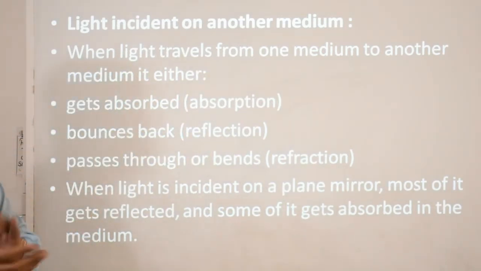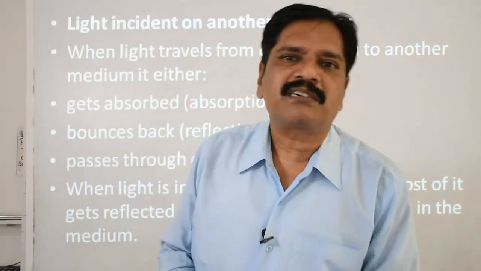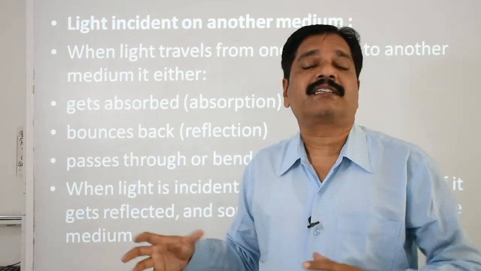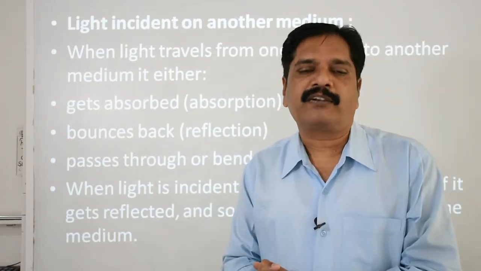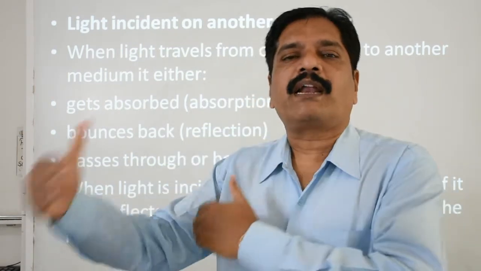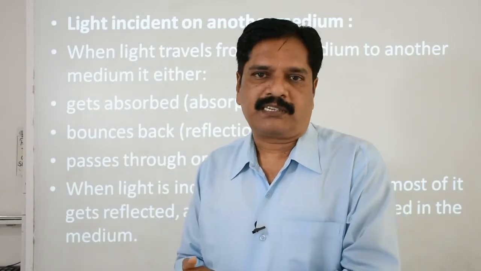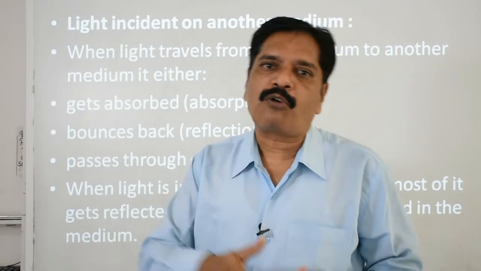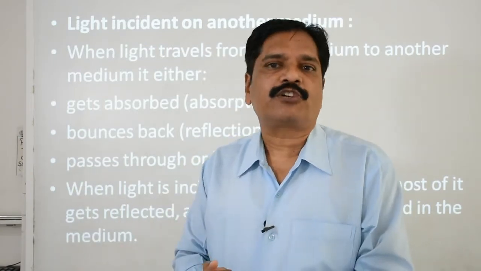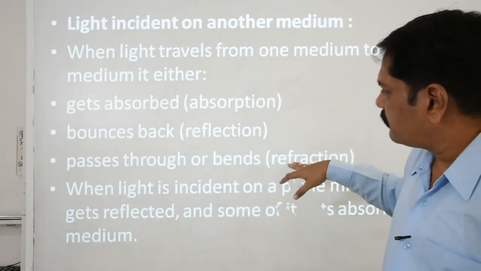Third, it passes through or bends when the surface is transparent. Later we will discuss this phenomenon of refraction of light. When light moves from one medium to another, it bends from its straight path, either towards the normal or away from the normal, depending on the nature of the medium. So this is refraction.